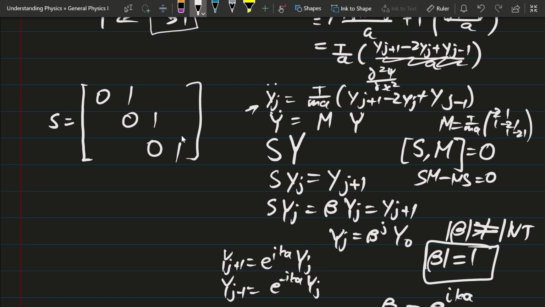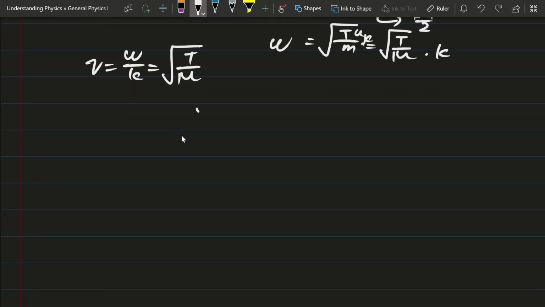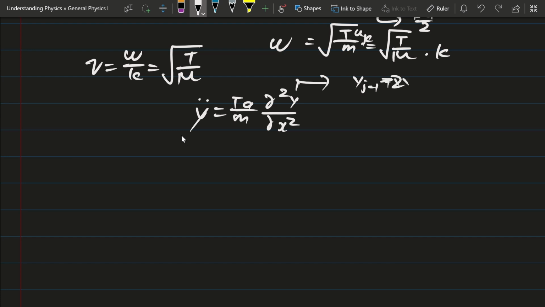Oh, sorry, this is partial squared y over partial x squared times a squared. So technically it's that. So you would be able to obtain y double dot to be ta over m partial squared y over partial x squared. So this part here, you could expand to be yj minus 1 minus 2 yj plus yj plus 1, divided by a squared.